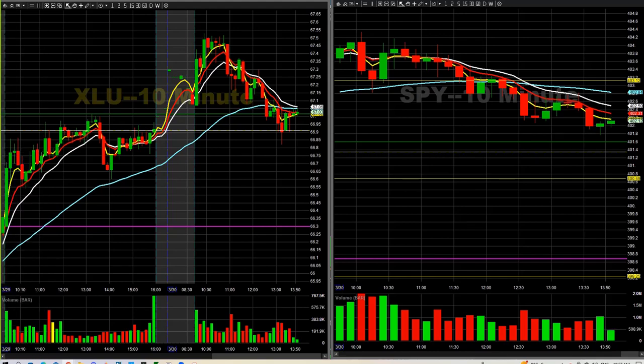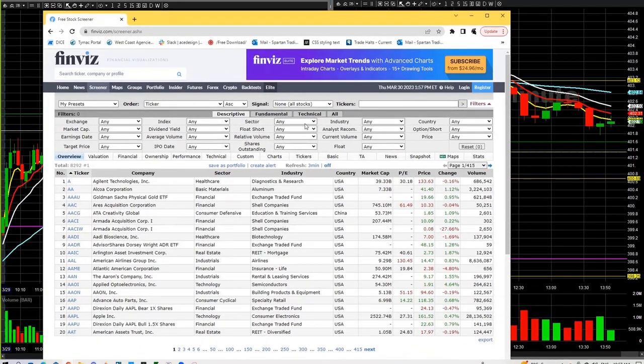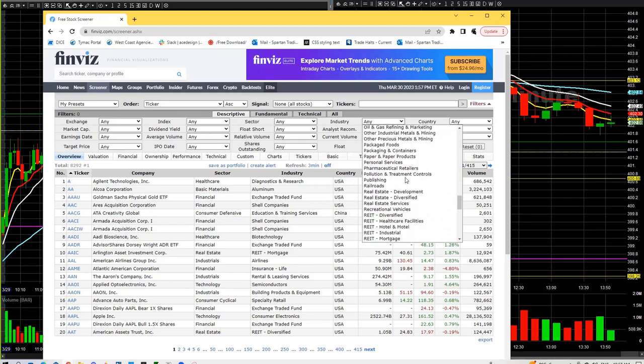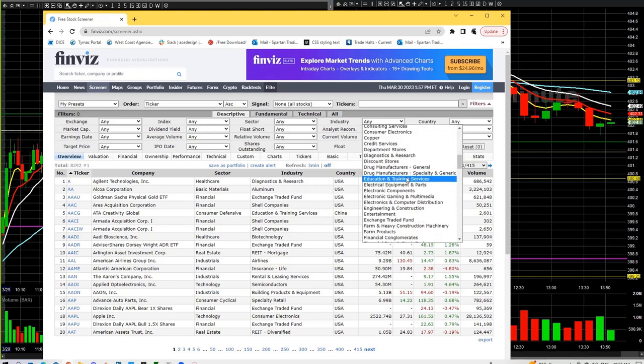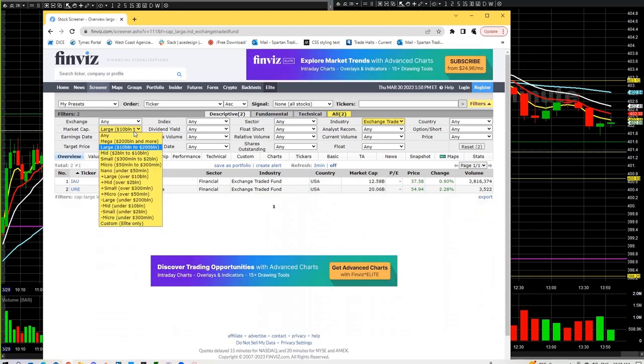If you don't know which ETFs to look for, you can simply go to something like FinViz. Go to industry. There should be one that has ETFs, or maybe, let's see. Okay, ETF, exchange traded funds. So you have a list of all the ETFs there. Market cap, make them big.